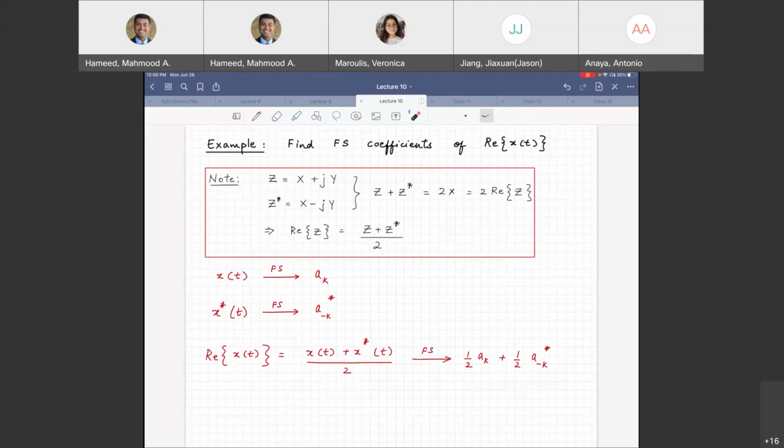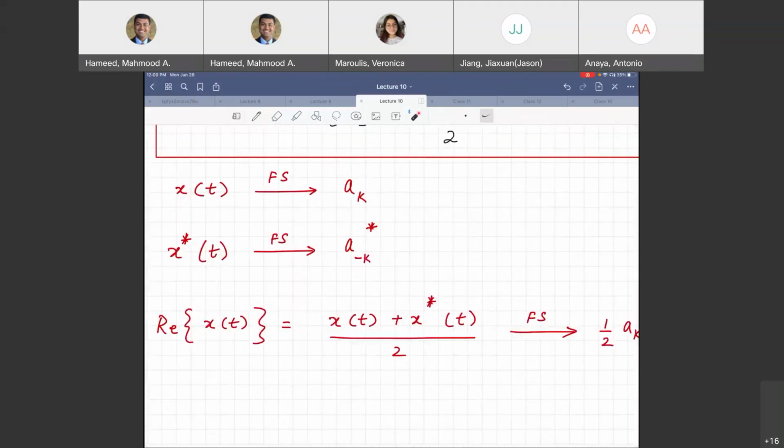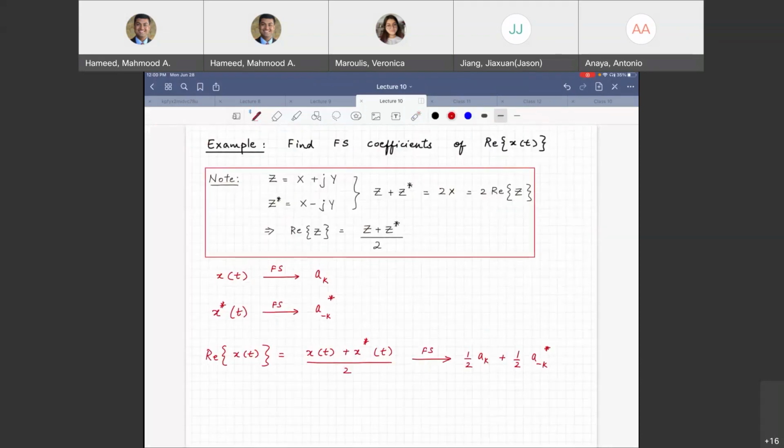In the same manner, you can also find the Fourier series coefficients of the imaginary part of x of t. What would that be? This remains as is, but instead of real, this becomes imaginary. So if you want imaginary, what do you need to change? Minus.